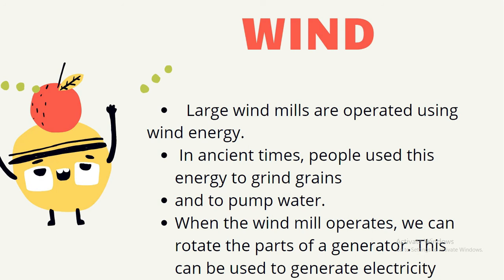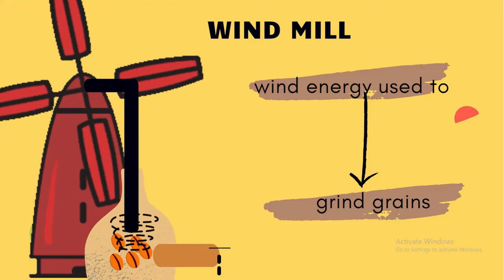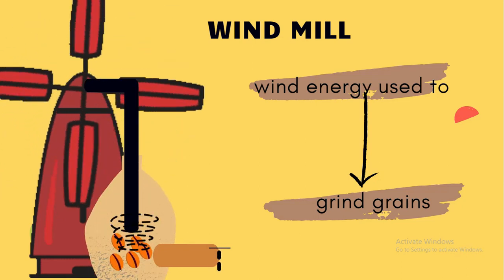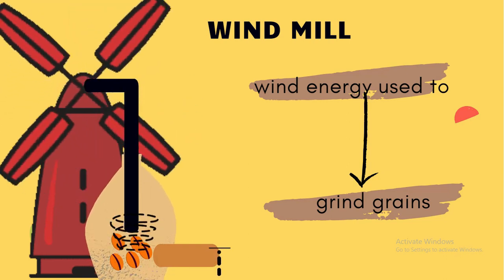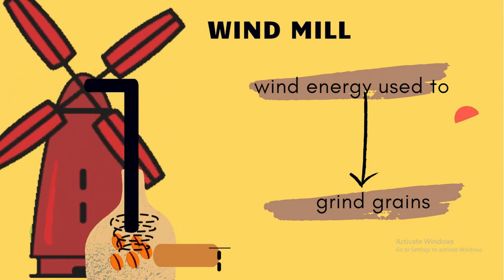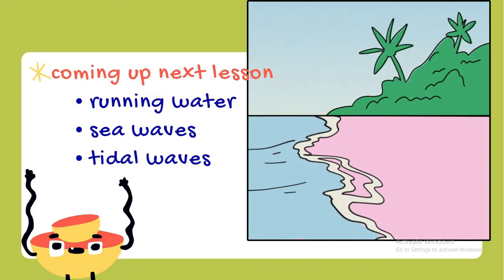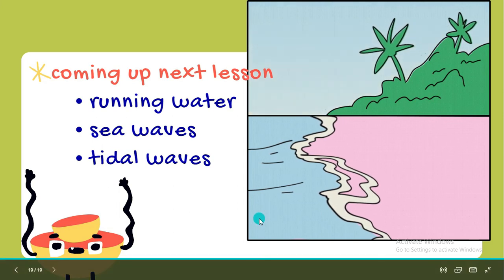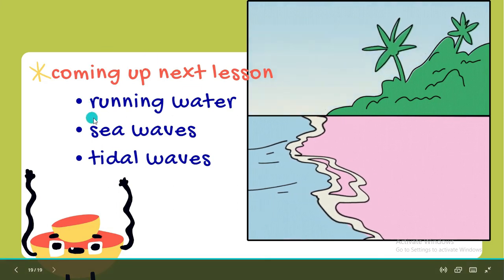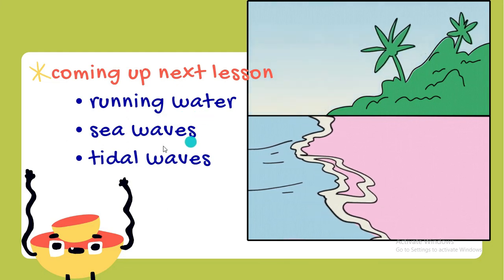Okay, now you know the applications and the uses of three energy sources: biomass, fossil fuel, and wind. This is the end of the lesson. Coming up in the next lesson, I will explain the applications and the uses of running water, sea waves, and tidal waves. Okay, children, goodbye.